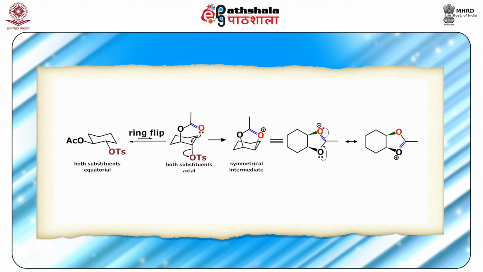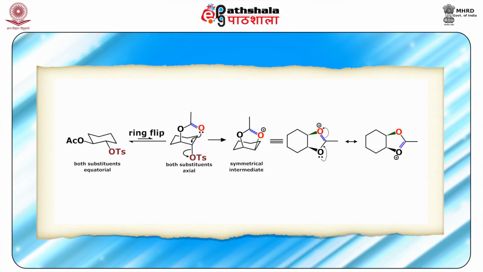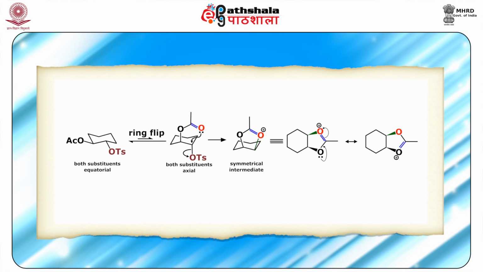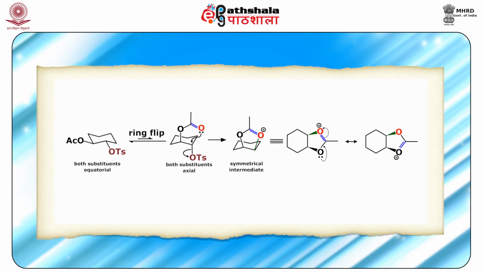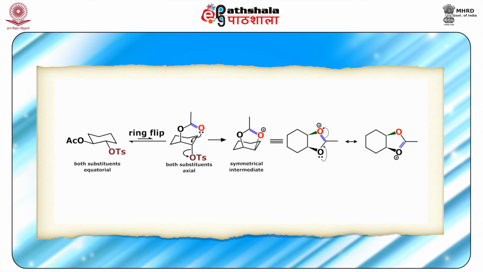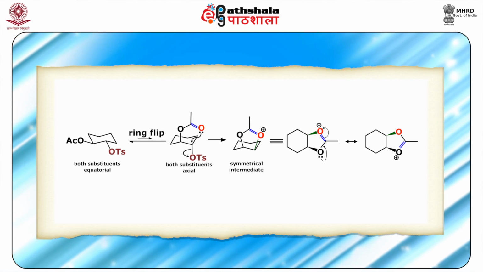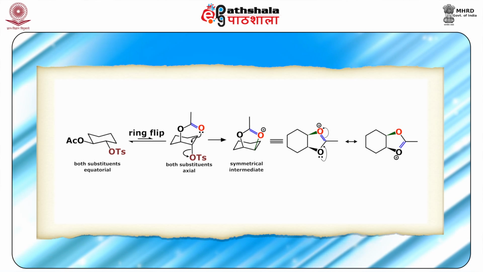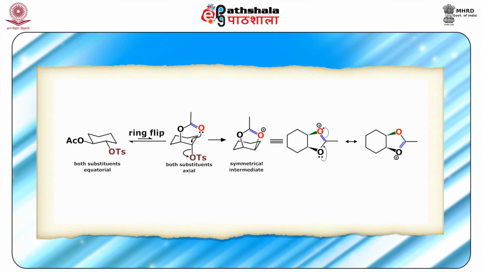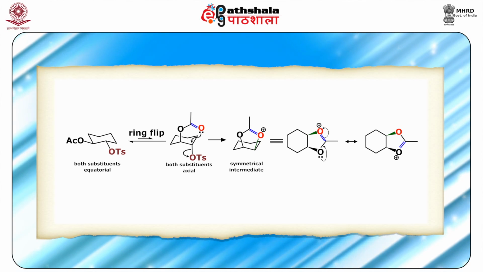Thus, only when both the substituents are in axial position, there is a greater chance of anchimeric assistance and faster kinetics is observed. For the syn diastereomer, the neighboring group participation is impossible, and substitution goes simply by the intermolecular displacement of the OTs group by the OAc group.